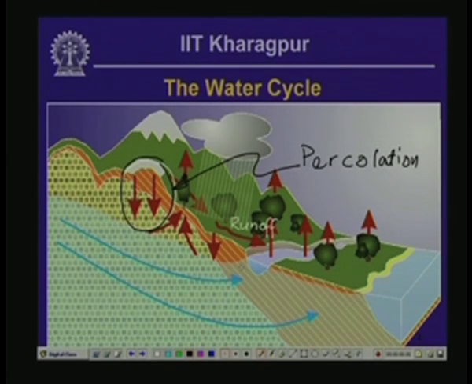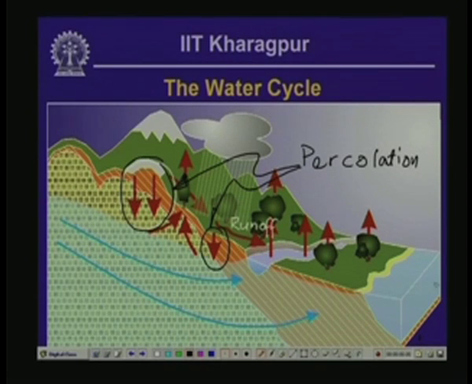Then a portion of the water falling on the surface, precipitating on the surface, is going to actually move downslope and directly recharge some surface streams.